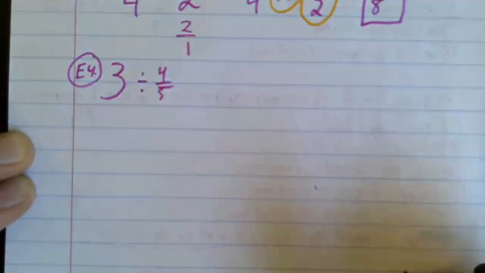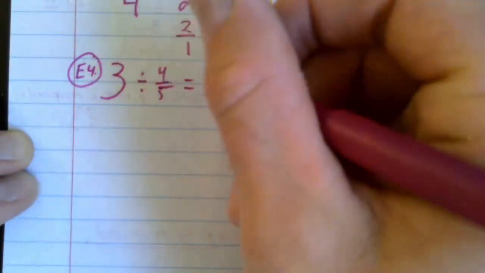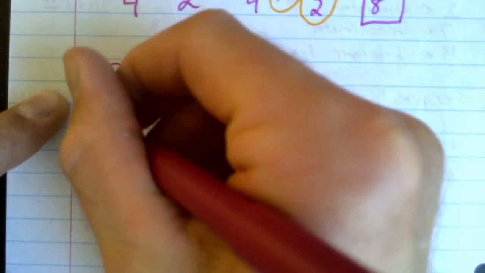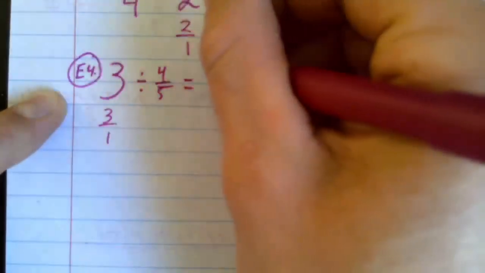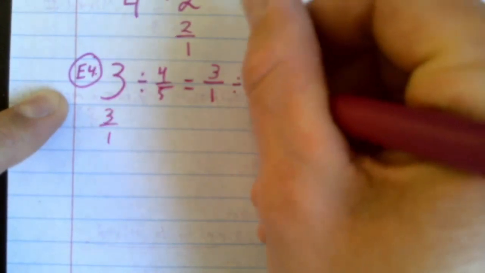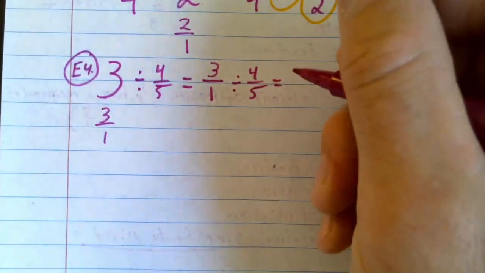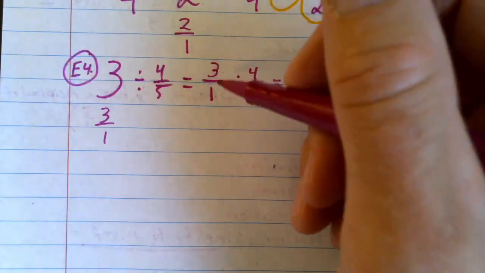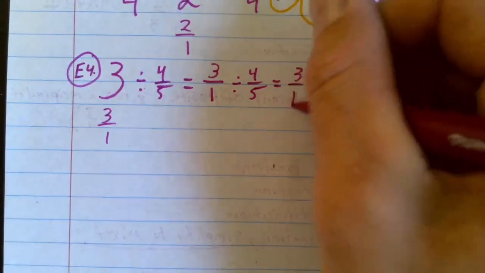Let's try one more. Go ahead and write E4. E4 is 3 divided by 4 over 5. Remember, 3 is the same as 3 over 1, so it's the same as writing 3 over 1 divided by 4/5. Step 1, keep that first fraction the same, 3 over 1.